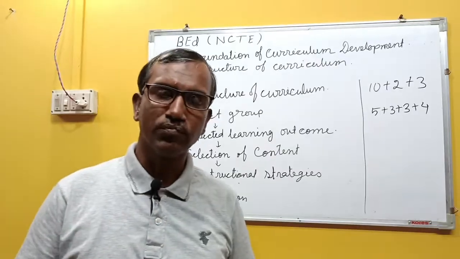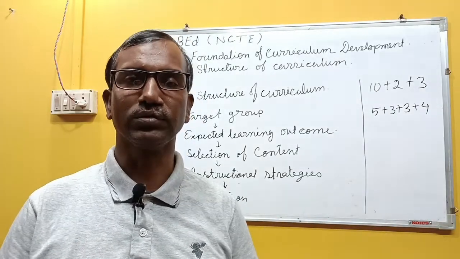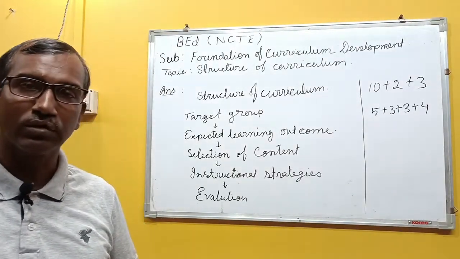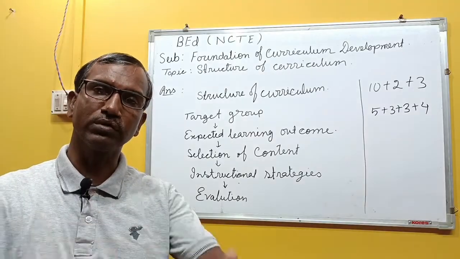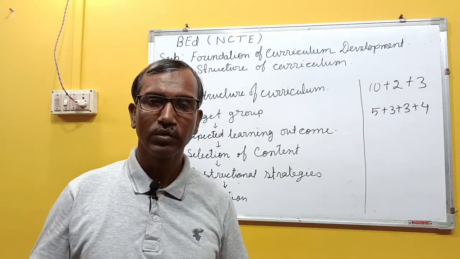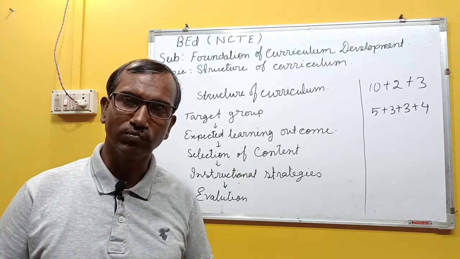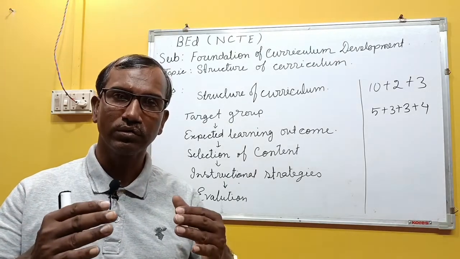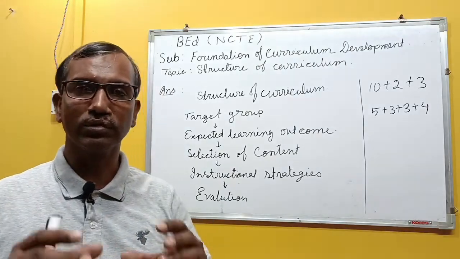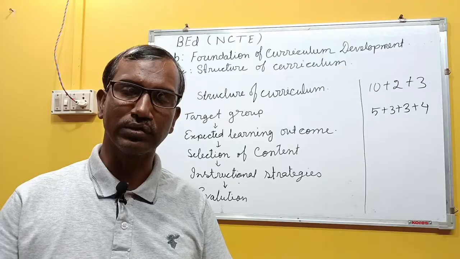So as we know, curriculum at school level, that means in formal education, is simply a combination of different subjects, and in a wider sense it also includes different co-curricular activities. At present we are giving importance only to the collection of subjects in the curriculum, suppose literature, social science, English, maths.